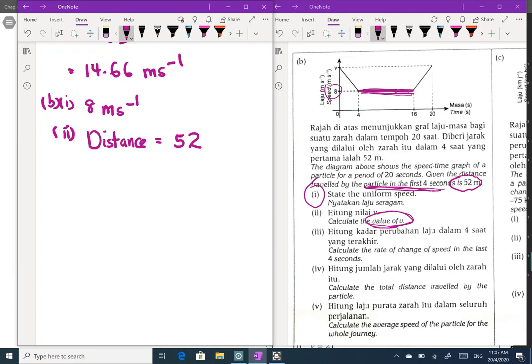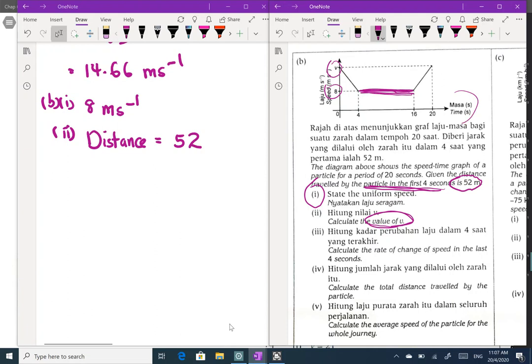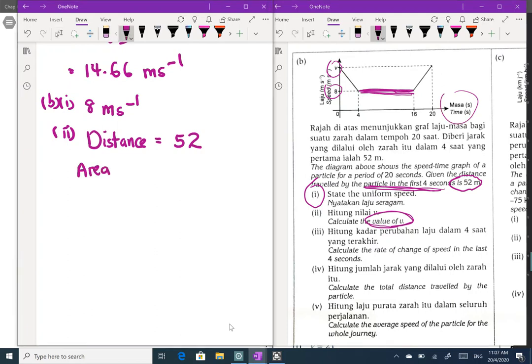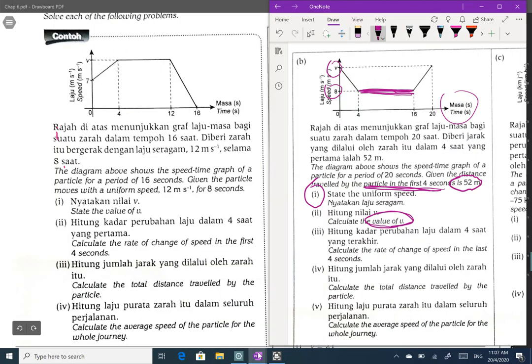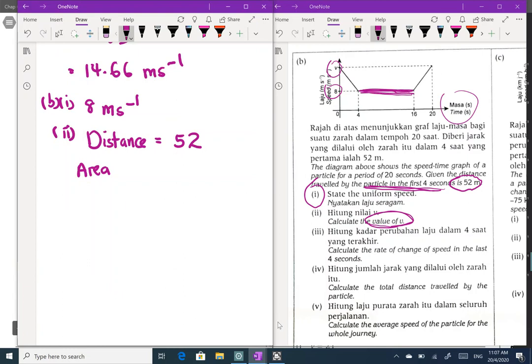So now how do I get V? The distance for a speed versus time graph is the area under the graph. The area for this trapezium is equal to 52.